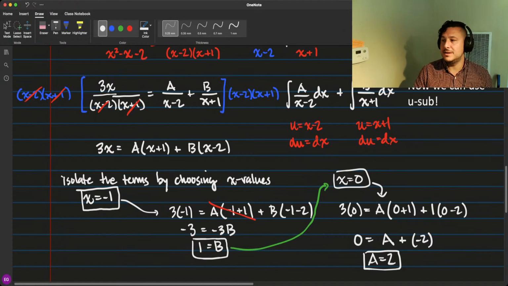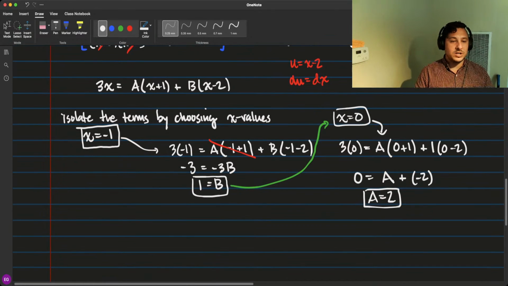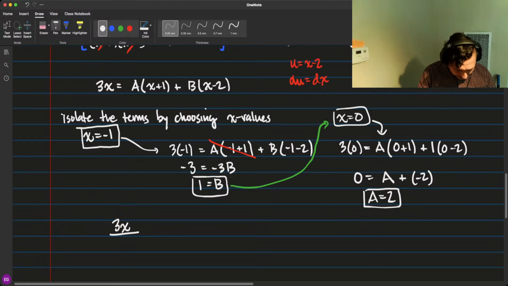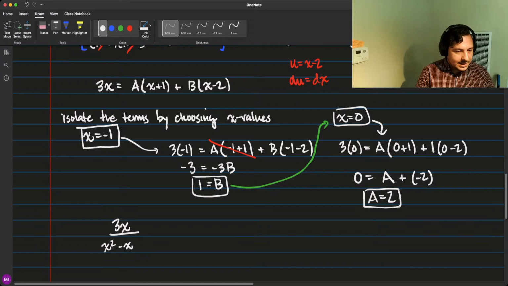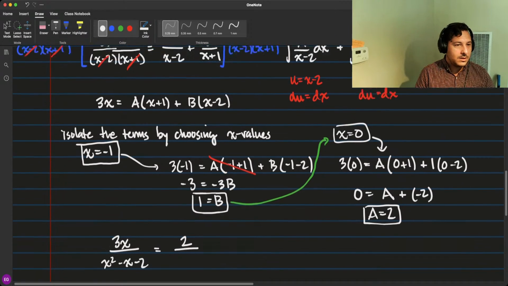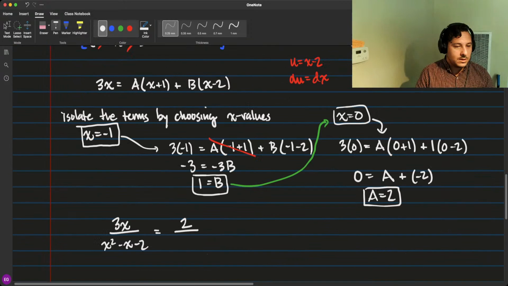And then bam! Now you can solve the problem, right? Because what you've done is a partial fraction decomposition. We now know that 3x over, what was it? x squared minus x minus 2 is actually the same exact thing as 2 over x minus 2 plus 1 over x plus 1.